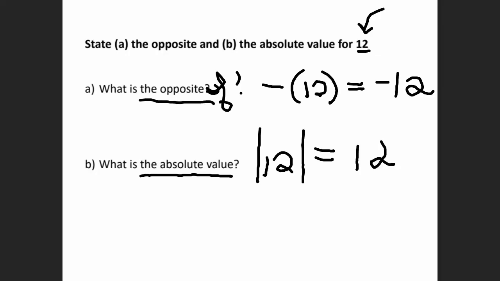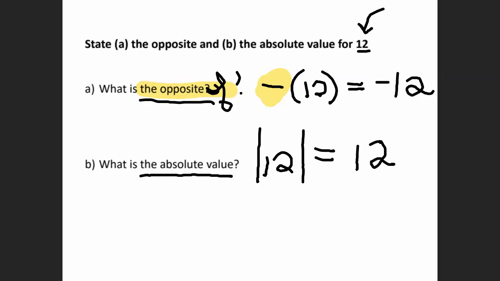So notice these two answers are not the same, because the opposite of a positive is a negative. And remember, the phrasing, the opposite of, means that symbol. That's why our answer is negative 12.